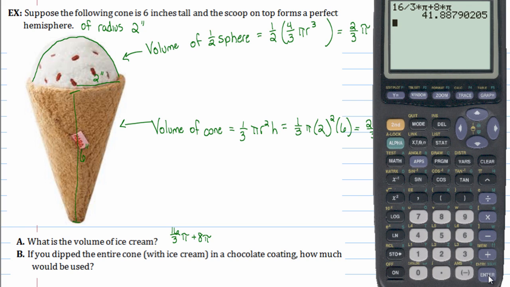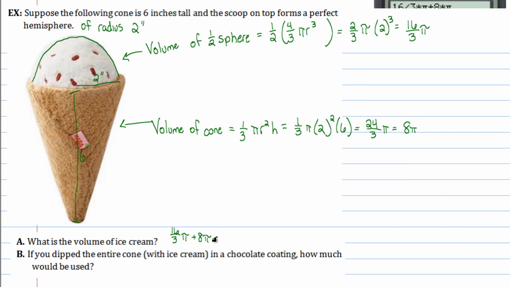That's 41.9. Let's round to the nearest tenth. So 41.9. 41.9 what, though? Oh, I see, these were inches. And remember, volume is cubes, so it's cubic inches. A couple ways you could write that, either inches cubed or cubic inches.